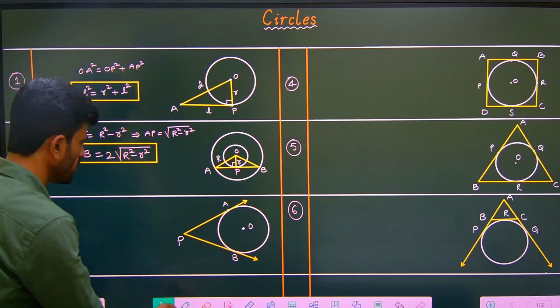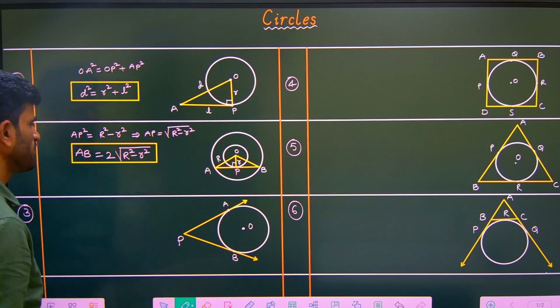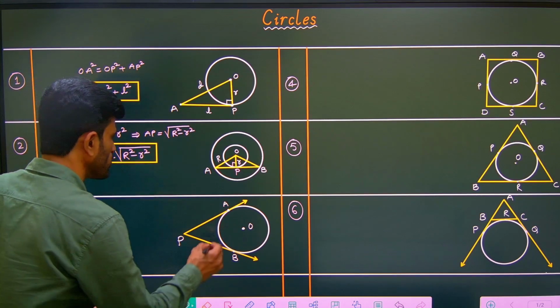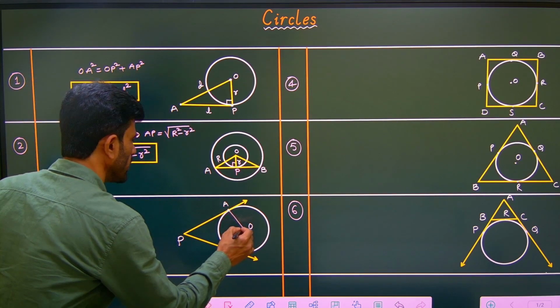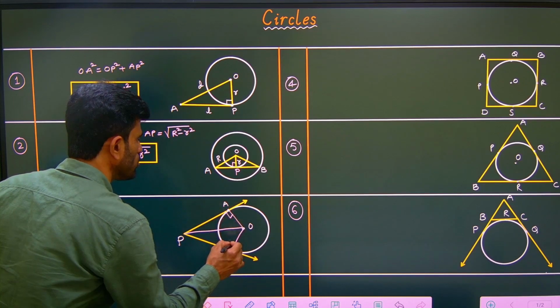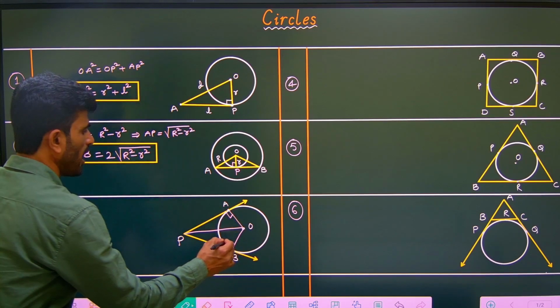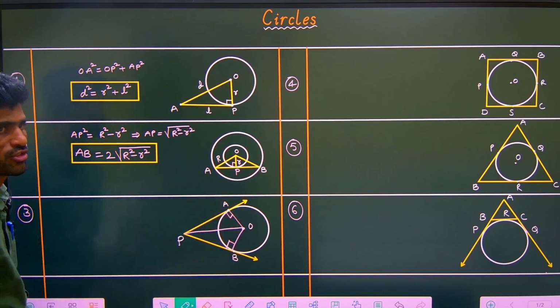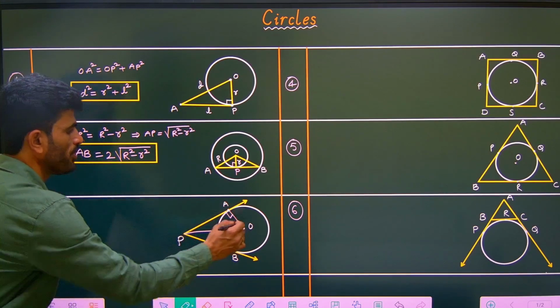Now coming to the third concept. The third concept is very simple. We have a proof by using the RHS congruence rule. Like this, if you join this and join this also, we can prove these two triangles congruent by the RHS congruence rule. How? OA is equal to OB, radius of the circle. OP is equal to OP, common.